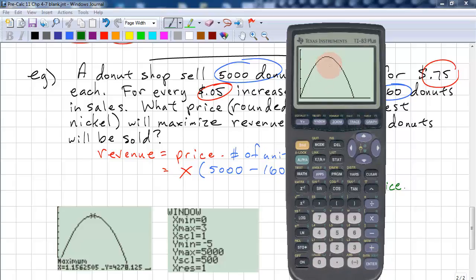Okay, that was a pretty good estimate. We can now look for the maximum. And we're to the left of the maximum. Now we need to be to the right. And enter and enter.